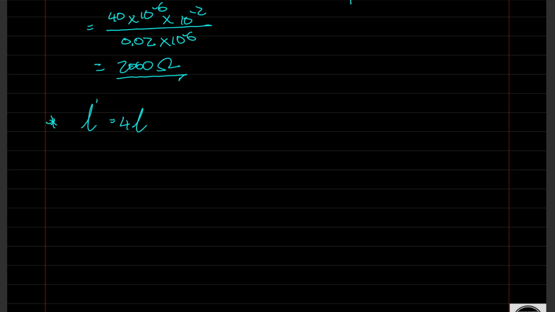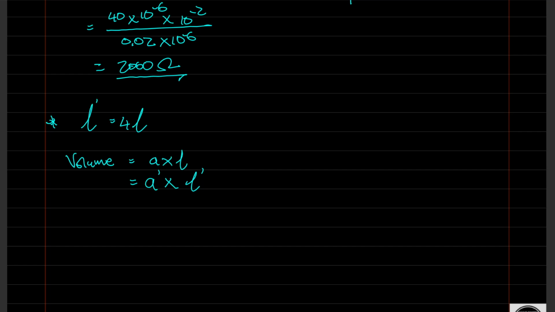Okay. Now, what's the formula for volume? So volume for a cylindrical wire would be the area multiplied by its length. But in our case, we want the area dash multiplied by the length dash, since these are the new area and the new length of our wire, right?